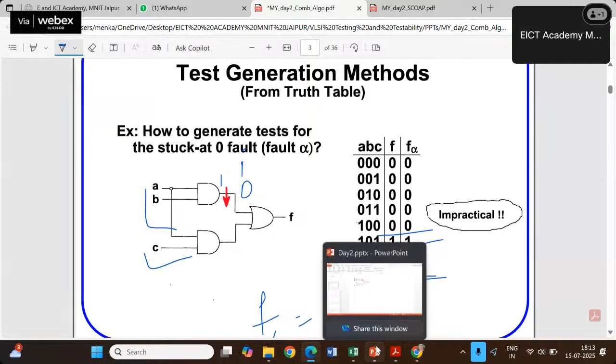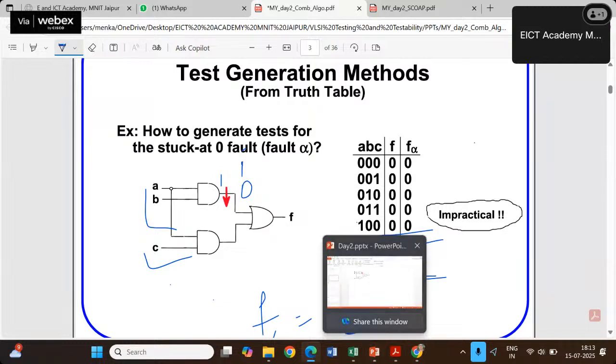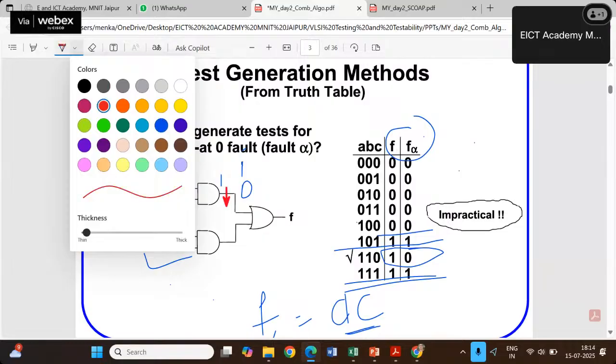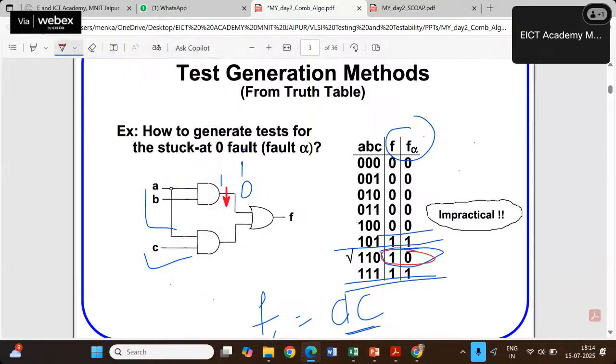Now just try to match f with f alpha. If you are matching f with f alpha, what is going to happen? This f compared with f alpha is going to give us the same results except this. The sixth combination is not matching. The true value was 1 and the faulty value is 0.